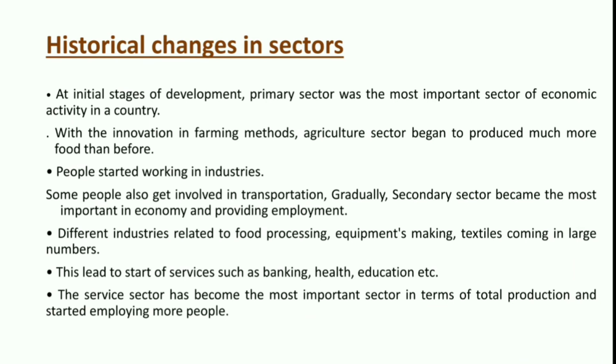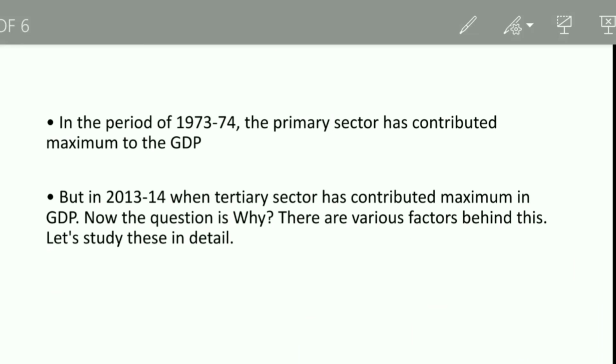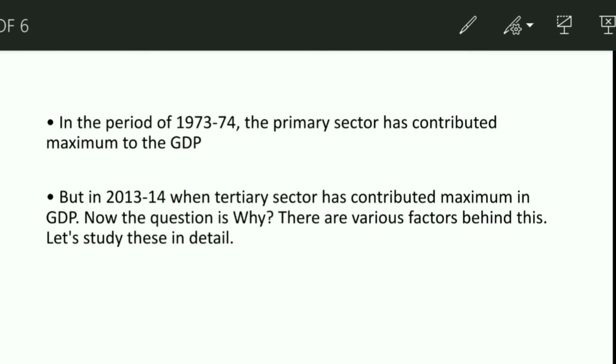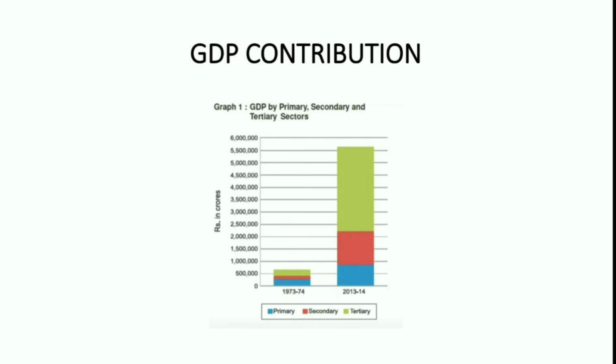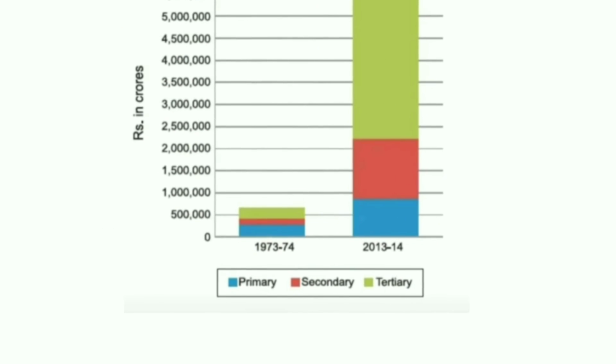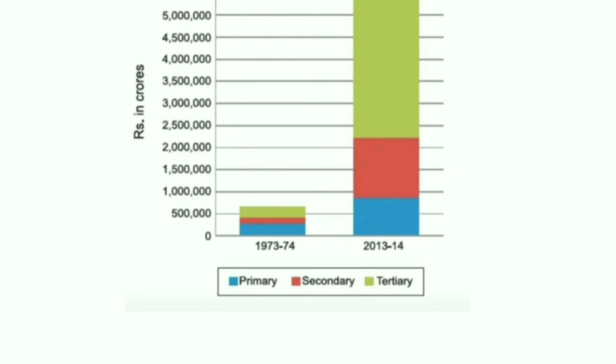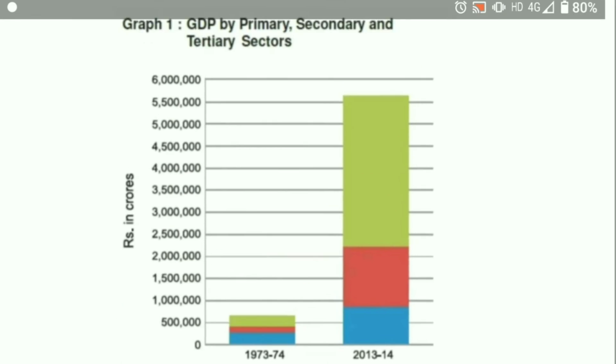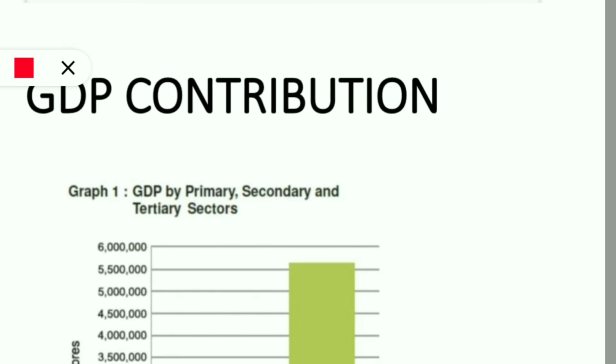But before that, I have shown you a graph. In this graph, you will have a clear picture of how the shift is taking place. In 1973-74, you can see a large number of people were involved in the primary sector.